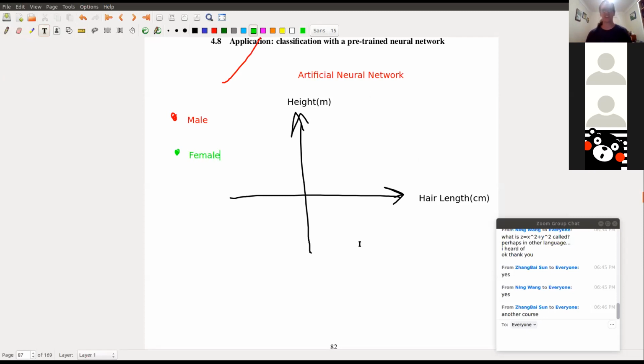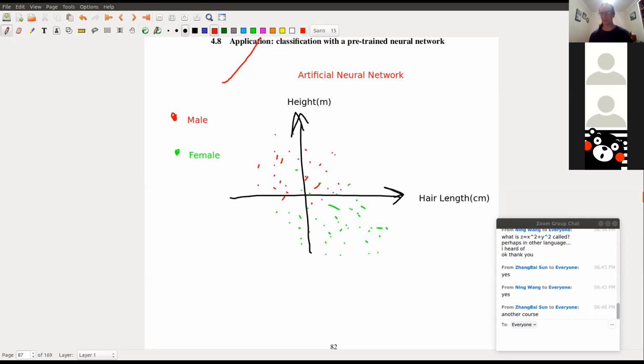What you would expect is that on average, females are shorter, and on average they have longer hair, so you get some data down here. For males, it's not clear cut, but usually they're taller and the hair's shorter. So we're trying to work out the probability that someone is male given height and hair length.